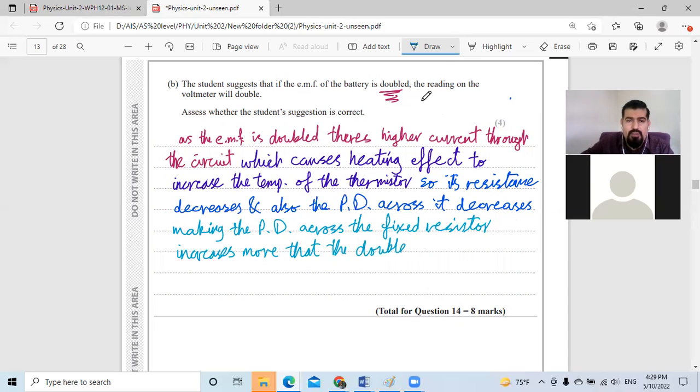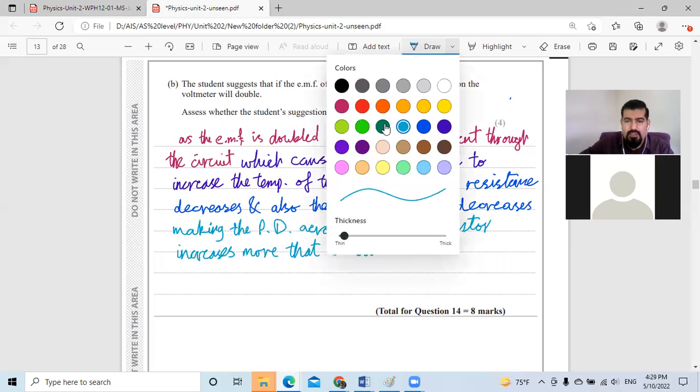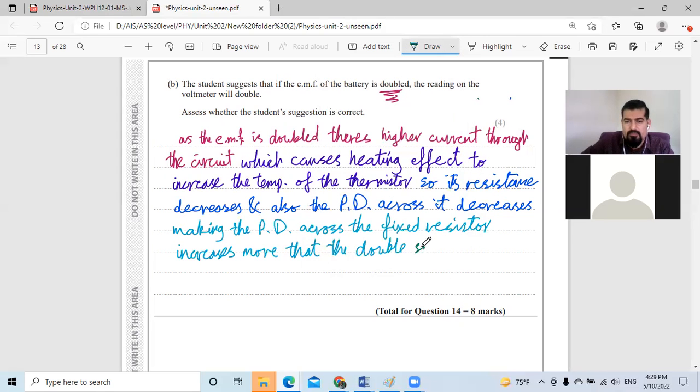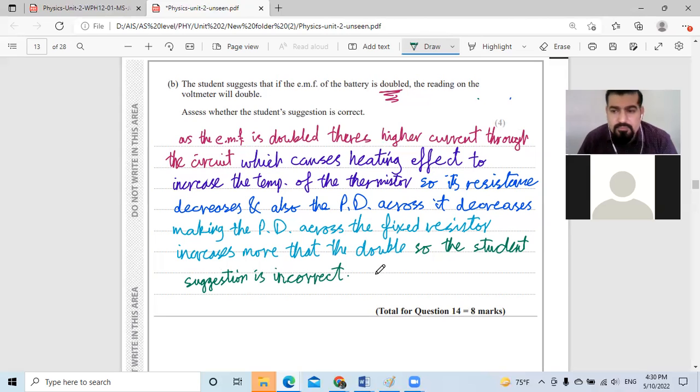So the student is incorrect. So the student suggestion is incorrect. Good.